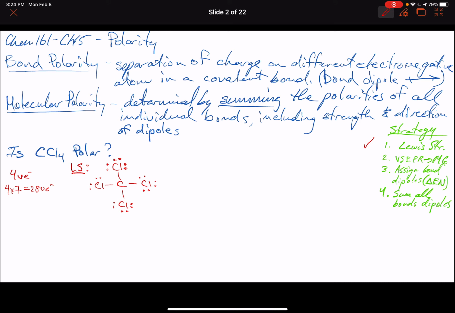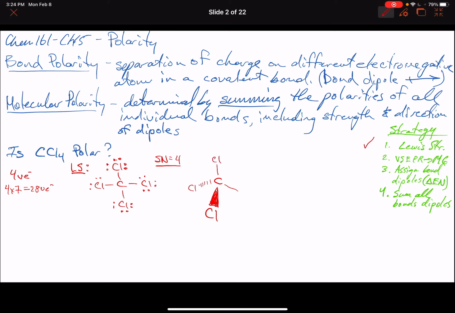Step 2, we now consider valence shell electron pair repulsion. So this is a steric number of 4, so we'll list that, Sn equals 4. We know our electron group geometry is going to be tetrahedral, so we're going to show this by trying to establish 109.5 degree angles between each of these features. And so we'll show one of these carbon-chlorine bonds going backwards and one coming out of the page towards us with a wedge.